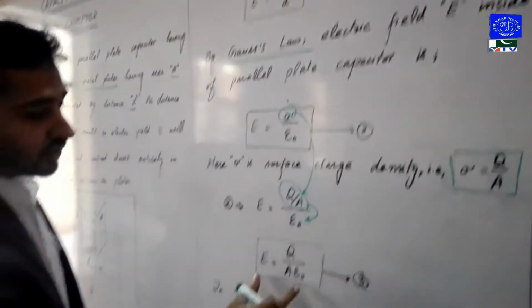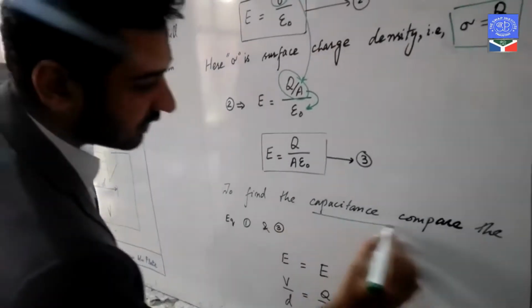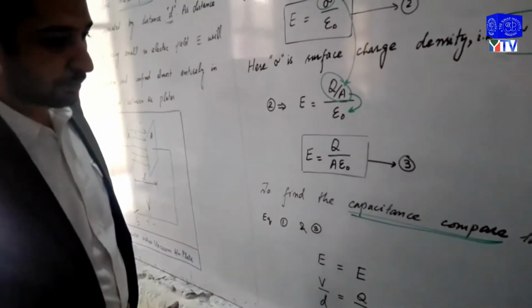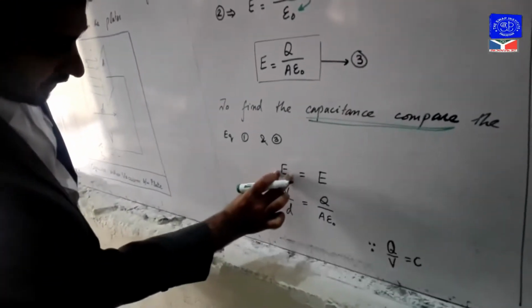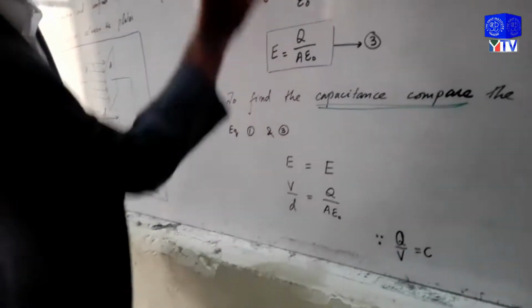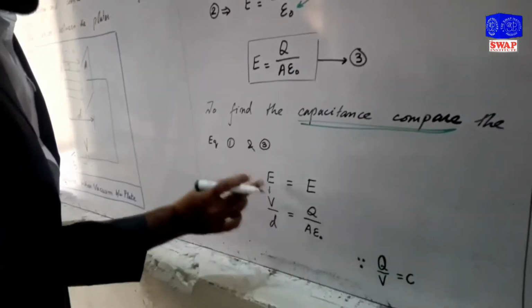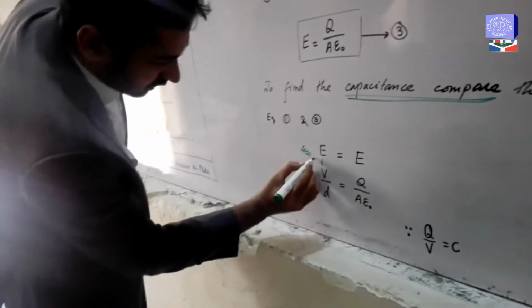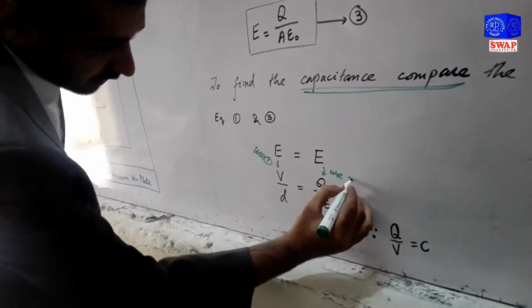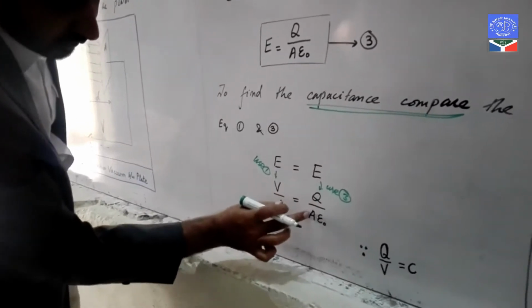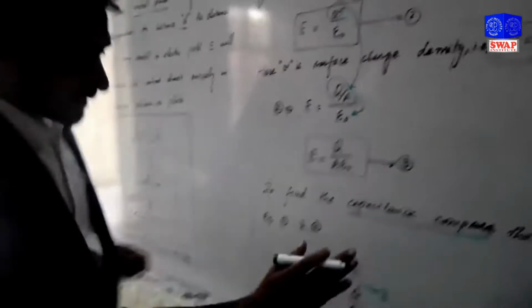By comparing first and third, we will find the capacitance of the capacitor. Here E is equal to E. This E is equal to V over D by equation number 1, and E by equation number 3 is Q over A epsilon naught. Here we need to find the capacitance of the capacitor.